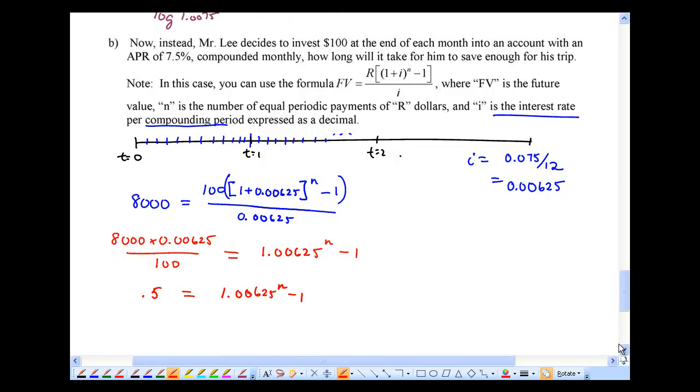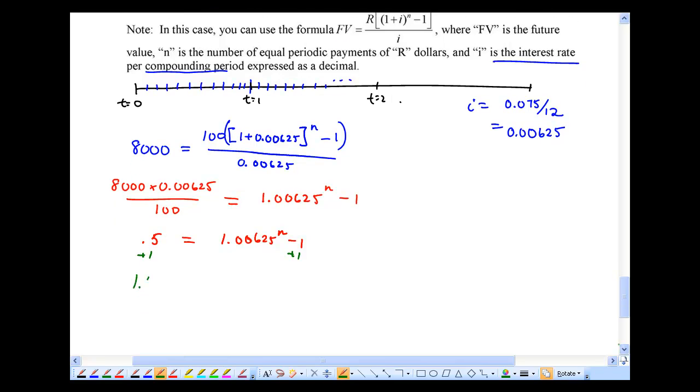Guess I should add 1 to both sides now. So now I have 1.5 equals 1.00625 to the power n. And lo and behold, a nice, lovely exponential equation that you can now solve by taking logarithms. Log 1.5.